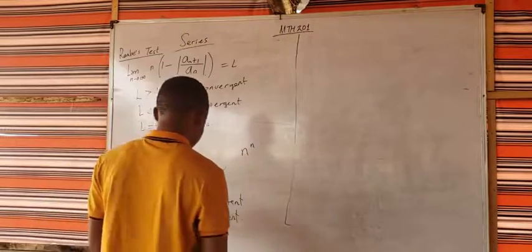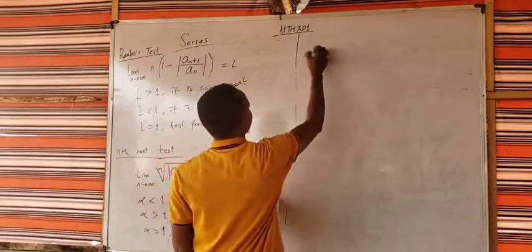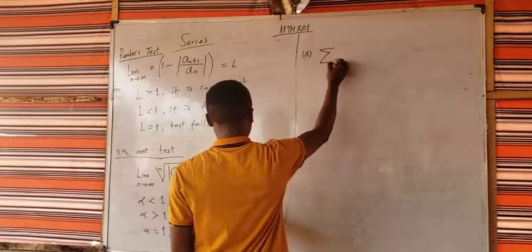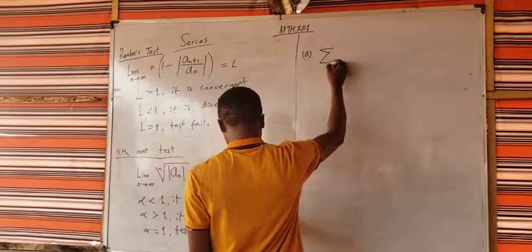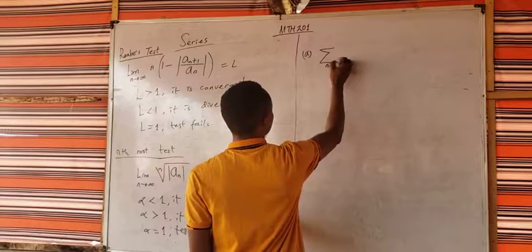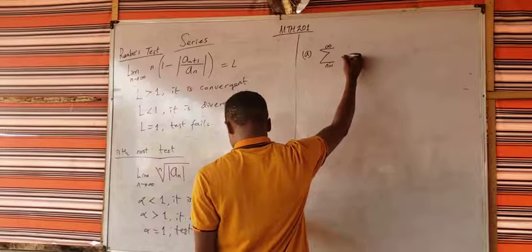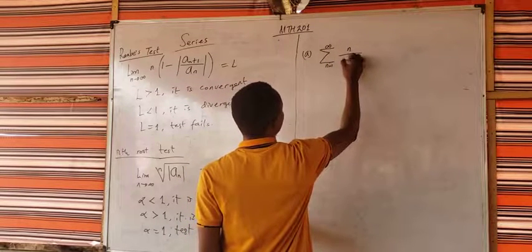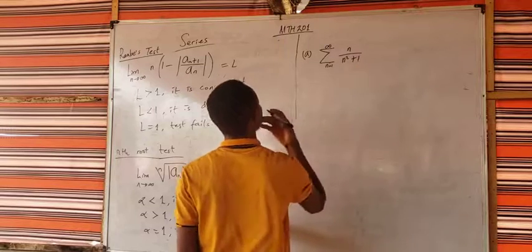Look at this. You have this series A: the summation from n equal to 1 to infinity of n over n squared plus 1.